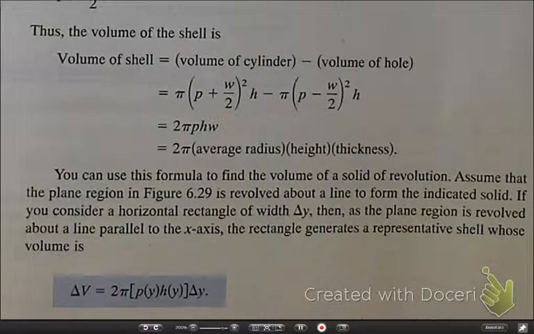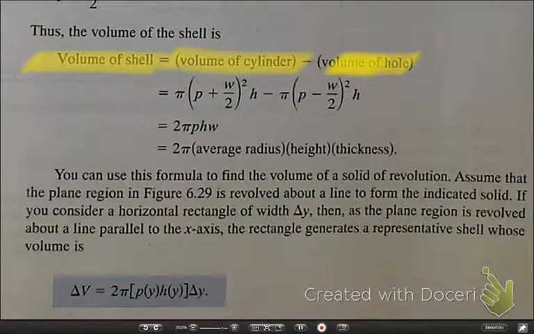All right, so here is how the volume of the shell method is derived. If you look here, it says the volume of the shell would be the volume of the outer cylinder, so everything that's inside of that cylinder, minus the volume of what's missing in the middle, so minus the hole.